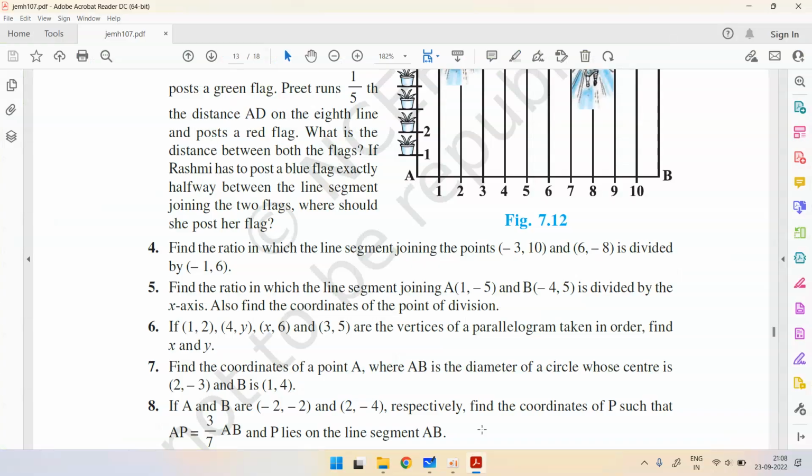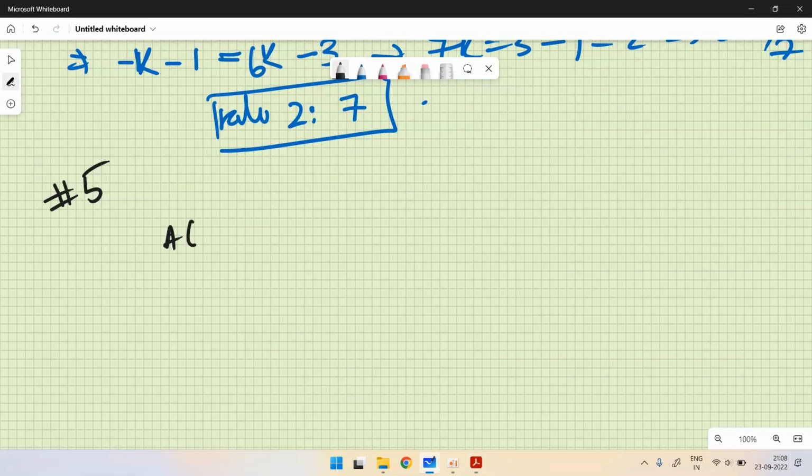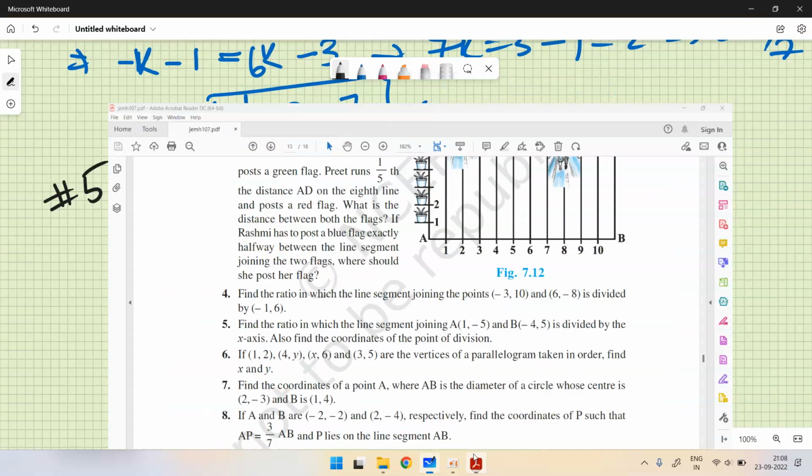Now doing my fifth part. Find the ratio in which the line segment joining A, minus 1 comma minus 5, and B, minus 4 comma 5, is divided by the x-axis. Also find the coordinates of the point of division.